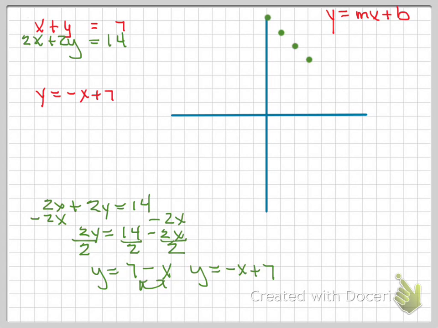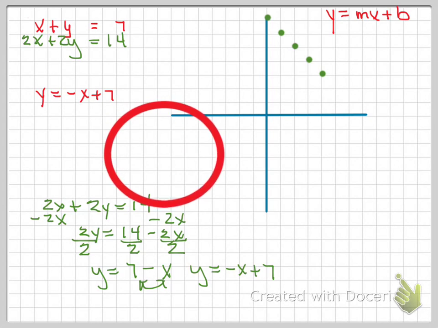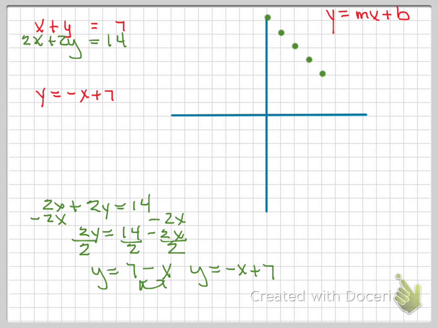So this is our pattern. Now our next equation that we have in red is y equals negative x plus 7. And as you can see, it is exactly the same as down here. So the plot is exactly the same. So they are the same line.